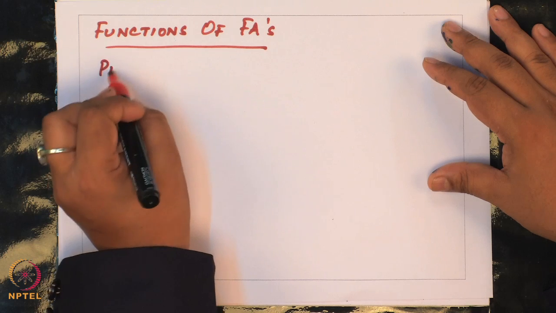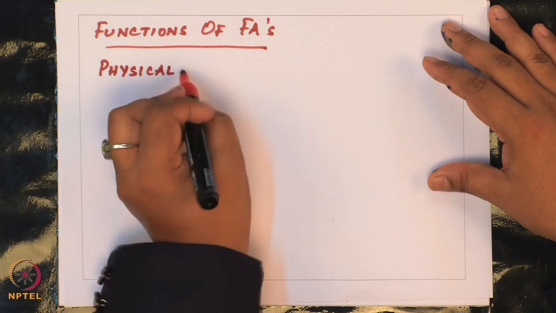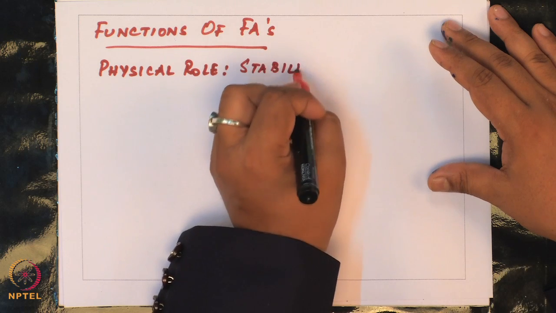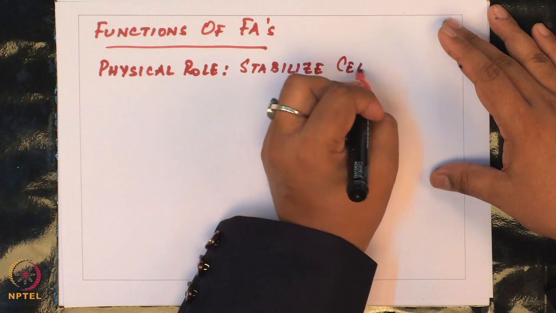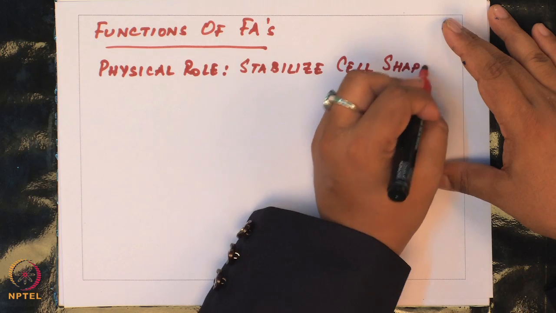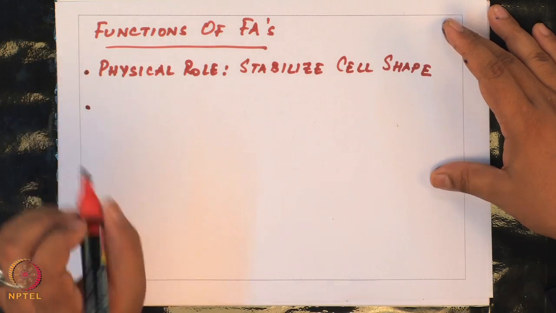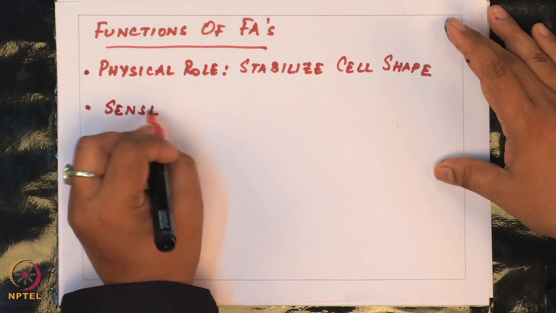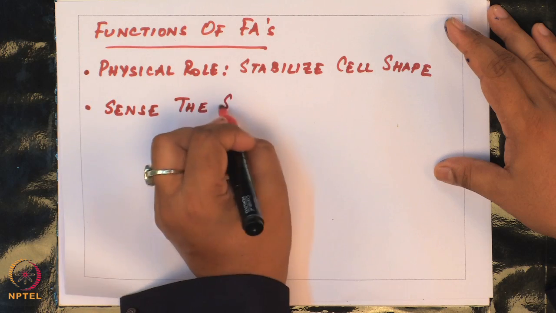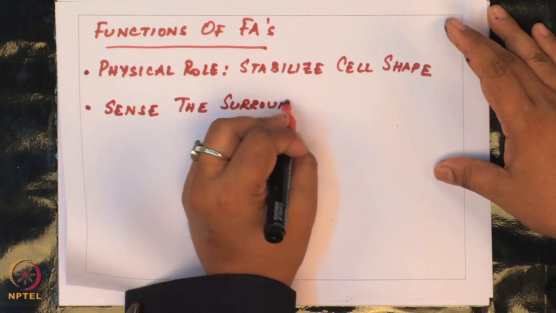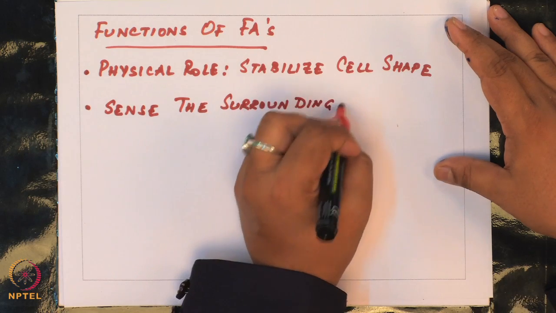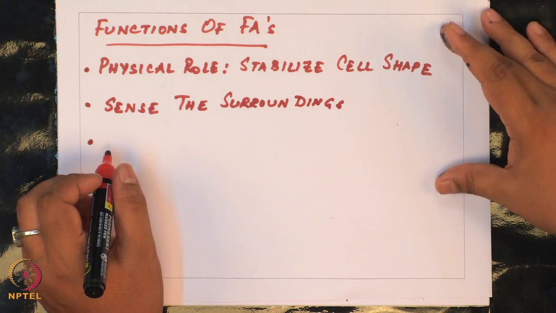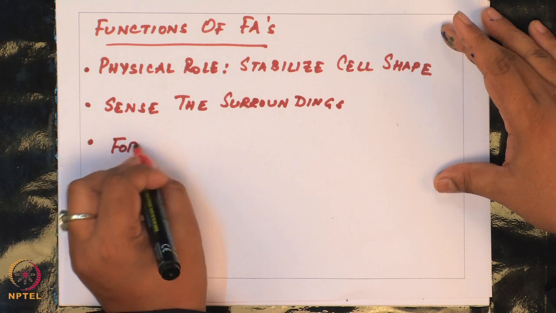So, they form the physical role, that is stabilize the cell shape, and actually they are the ones which sense the surroundings. And how do the cells sense the surroundings through focal adhesions? By means of force transduction.